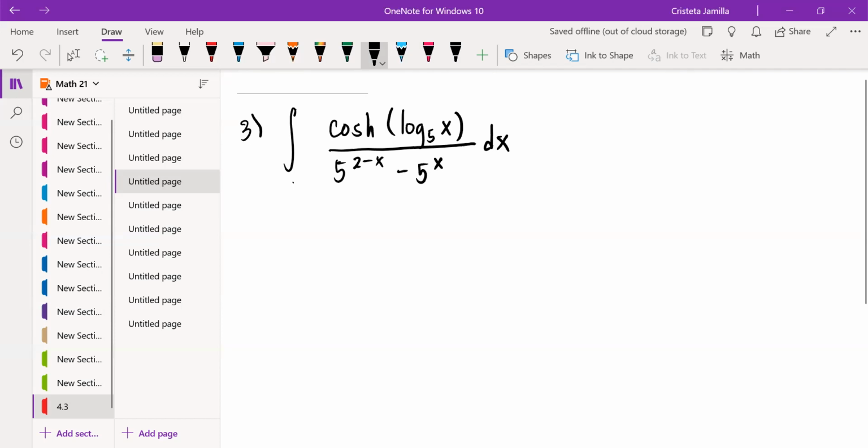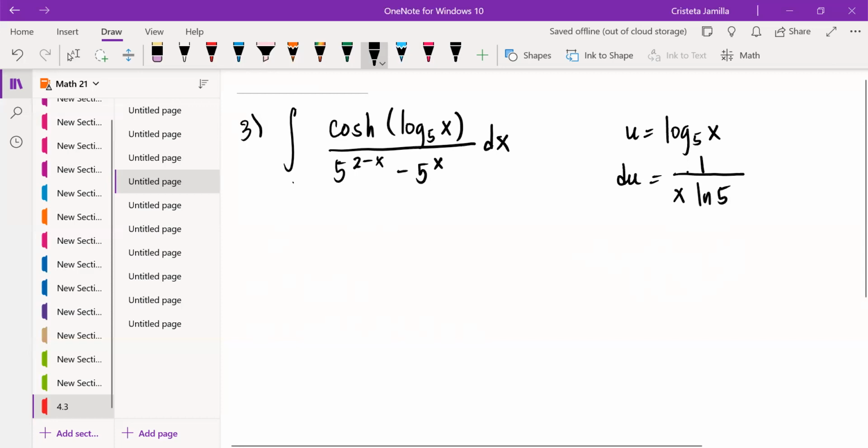Okay, next, what we do is to let u be equal to log of 5x. Then our du is 1 over x ln 5. Am I correct? But we don't have that one. Okay, let's just skip that one.